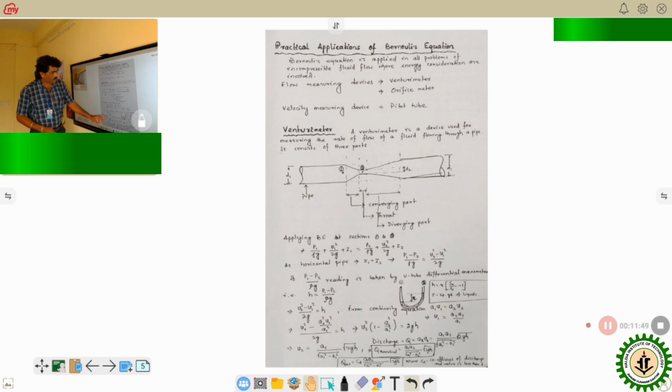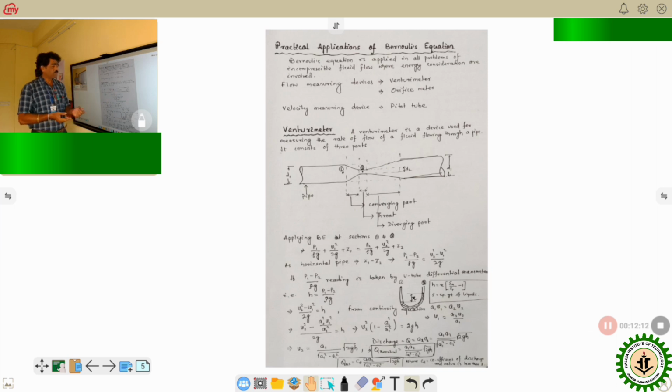So here we are finding out the value of V2. V2 finally, by rearranging this, we get A1 by root over of (A1 square minus A2 square) into root over of 2gH. So as we have found V2, then we have to find the volumetric flow rate. At this point we multiply V2 by A2.